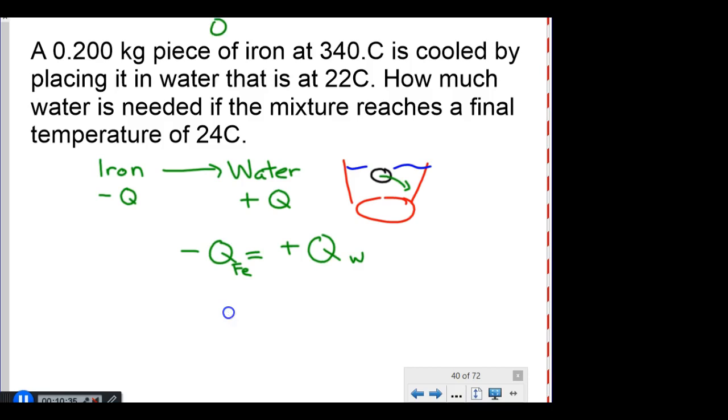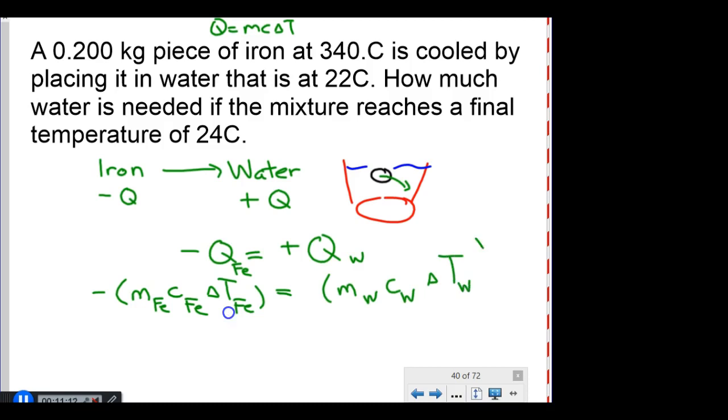Okay, so Q equals mc delta T. That means this is mc delta T, and Q equals mc delta T. Fe just indicates iron.